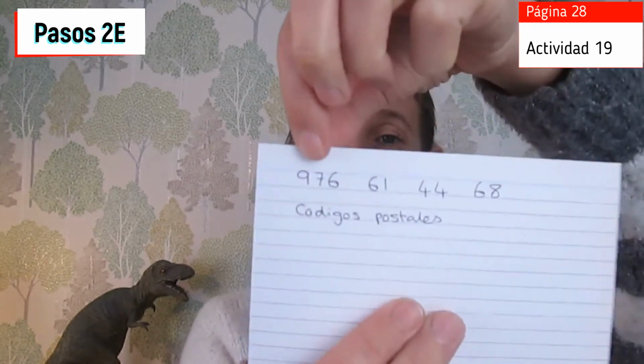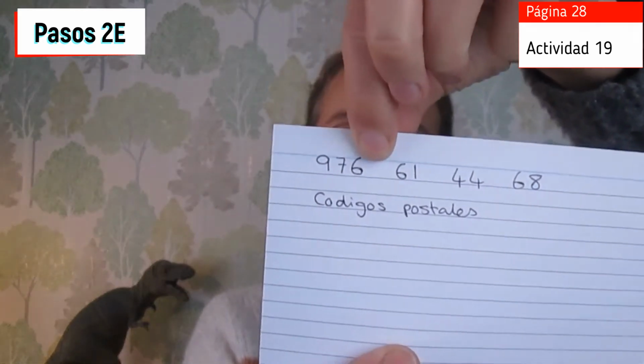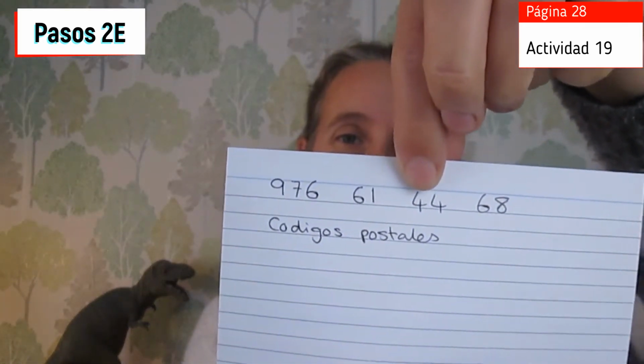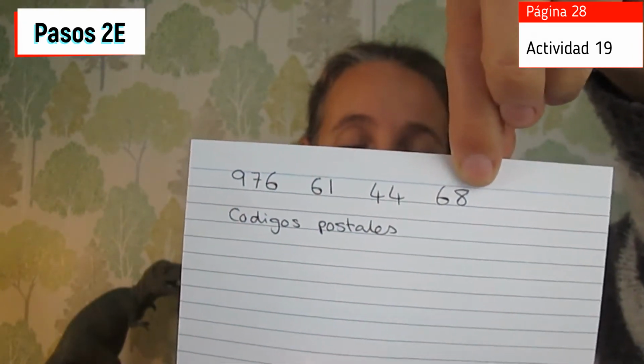So you will hear it read as, for example, 976614468. Okay, so that's a little miss. Never mind. The street numbers will be read in the format 24.